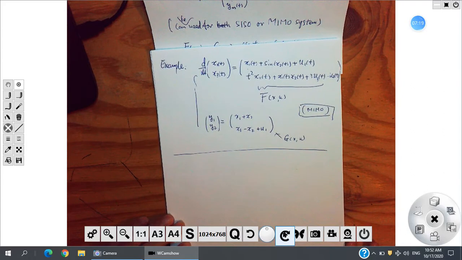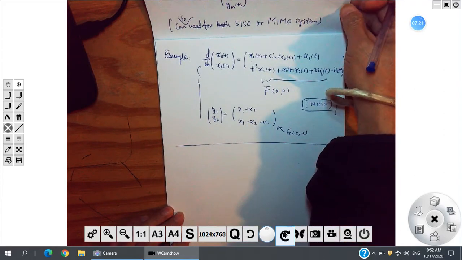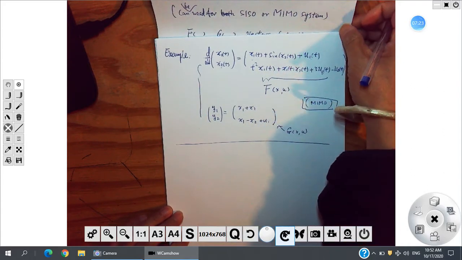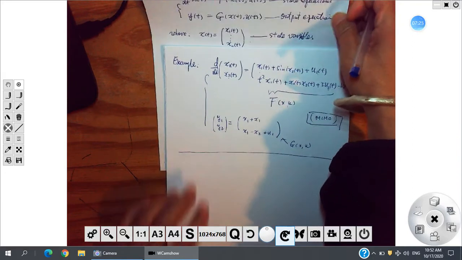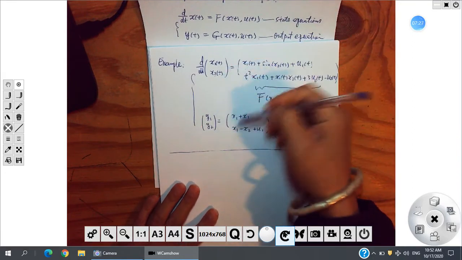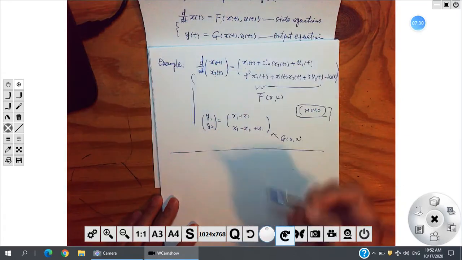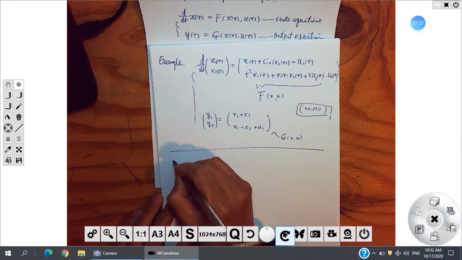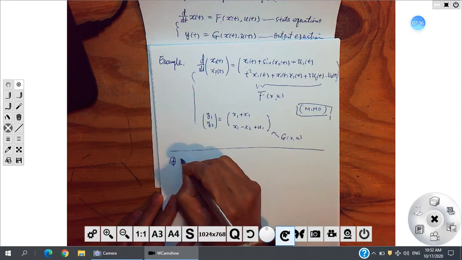Now let's consider the system we are actually studying. This is more general, for any kind of f and g. If it is of a certain form, we call it a linear system.